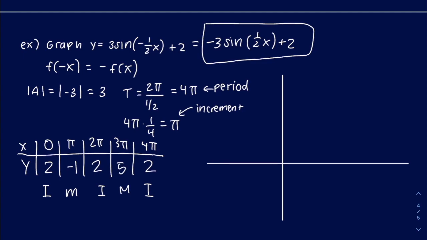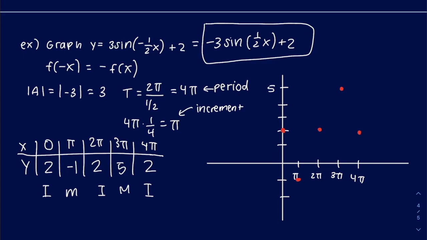So here we have the x and y values for one period of the graph. Okay, so let's now plot the points. So first is 0, 2, pi, -1, 2 pi, 2, 3 pi, 5, and then 4 pi, 2.